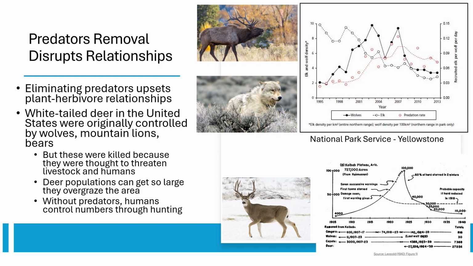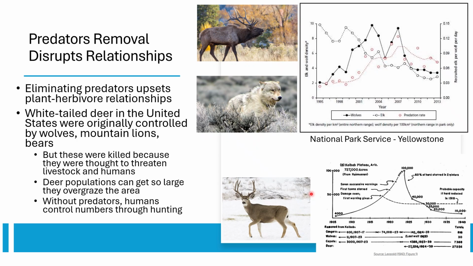What happens when we disrupt the prey-predator relationship? When you remove a predator or disrupt the life of a predator, and there are not enough predators in an ecosystem, you will really upset the relationship between plants and herbivores. One example is the Kaibab Plateau. You guys probably already know that story.